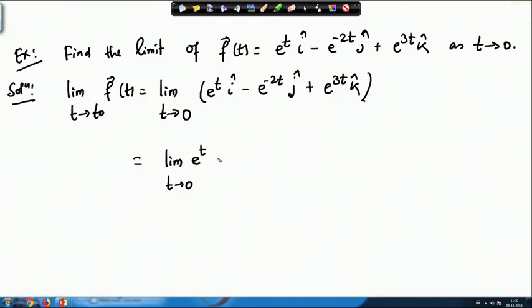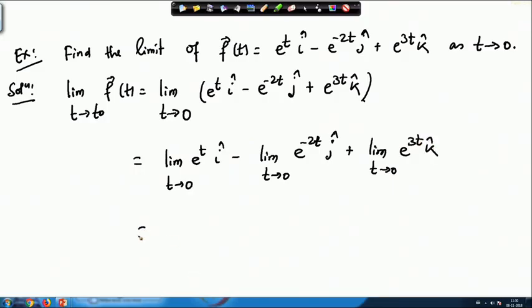So, e to the power t i, minus limit t goes to 0 e to the power minus 2t j, plus limit t goes to 0 e to the power 3t k, right. And now we will pass the limit on individual functions. So, let us pass the limit in the first function.